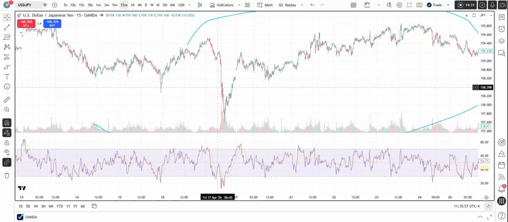So like normal, like I said, after the fifth wave, you get the refresh and it comes back down, and it usually comes back down into like the refresh of the previous leg.